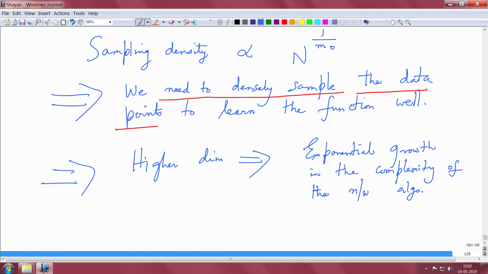So, we are faced with this problem, and this is basically called the curse of dimensionality.